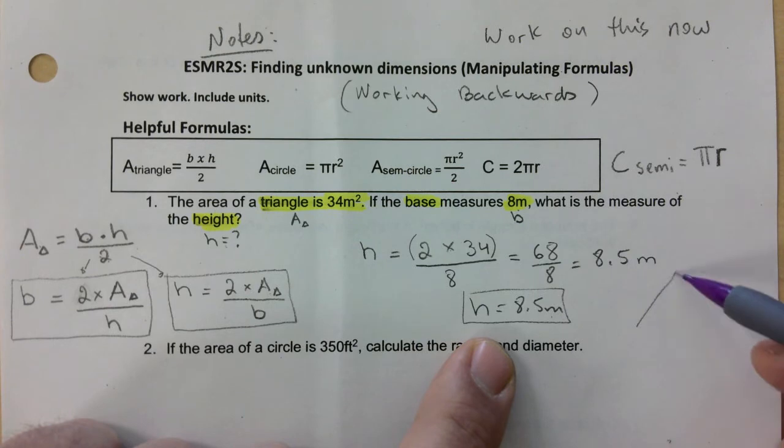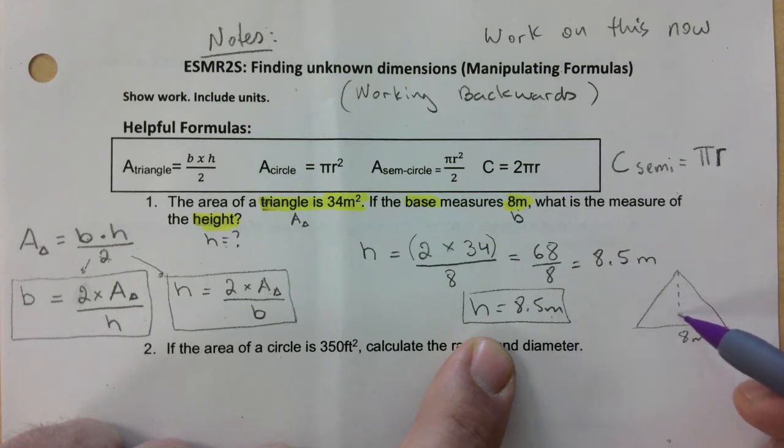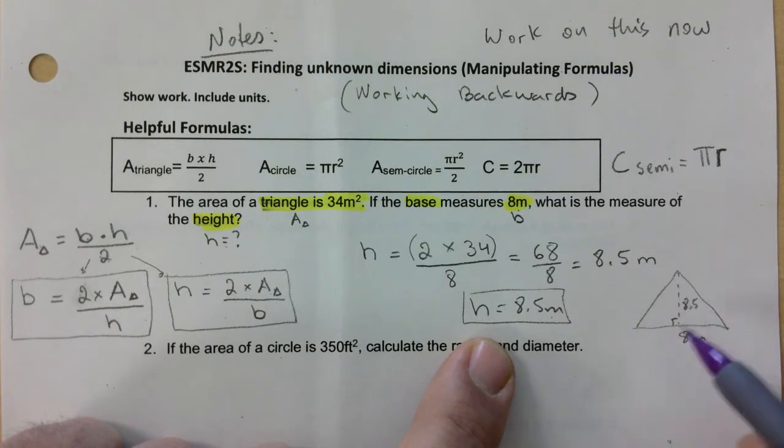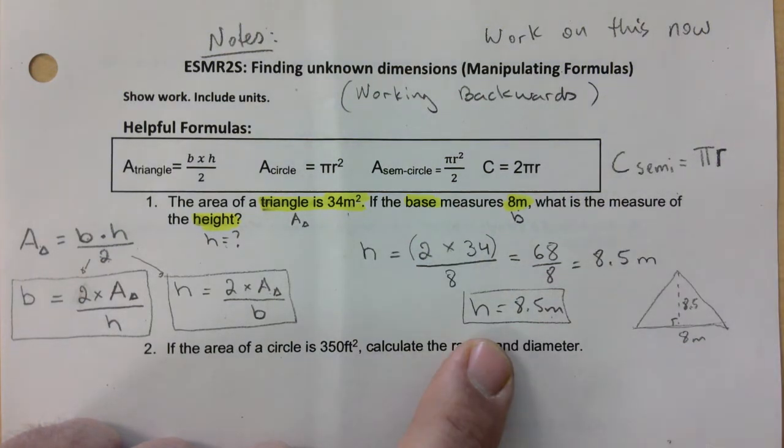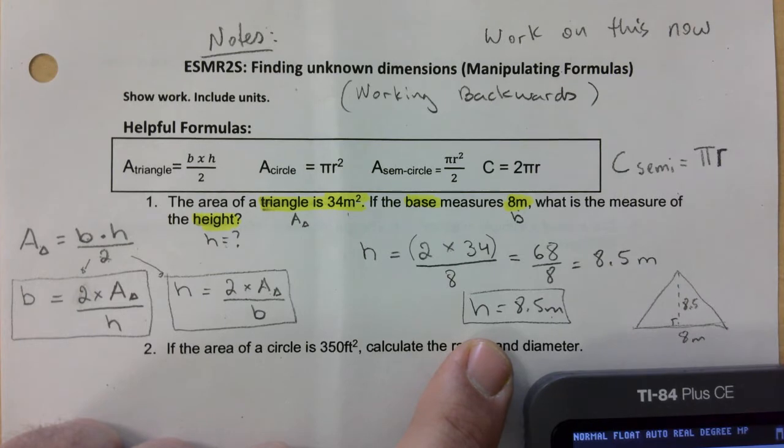So essentially, imagine a triangle, right? It has a base of 8 meters. You've just found that the height of this triangle would have to be 8.5. And you can try it. Go 8 times 8.5 divided by 2. Do you get 34? Right? So we'll check. 8 times 8.5, divided by 2.